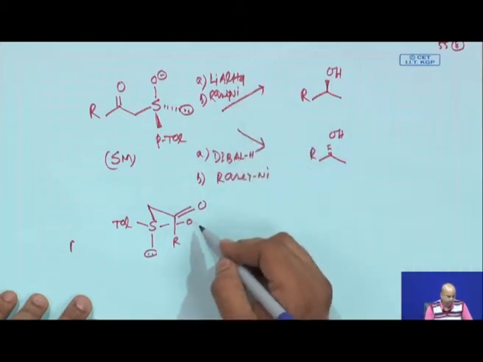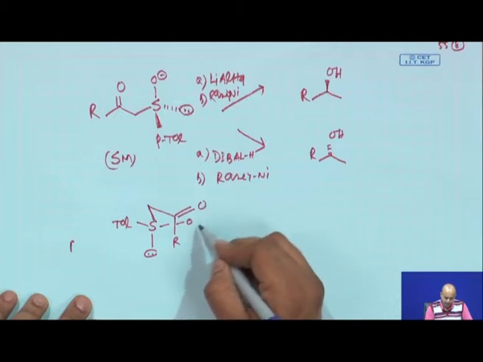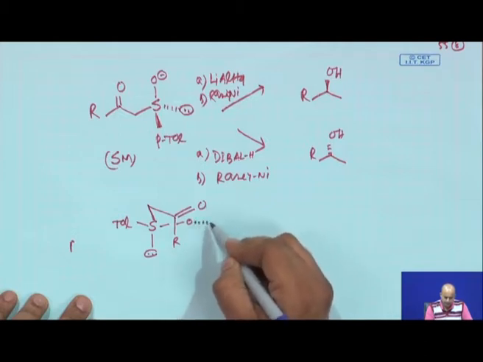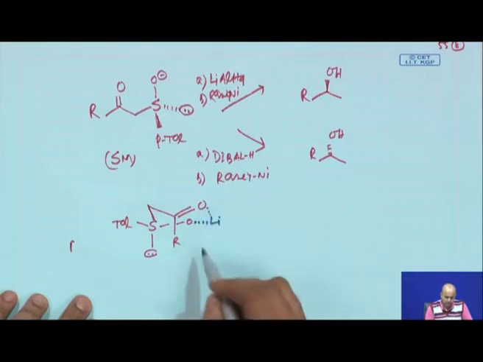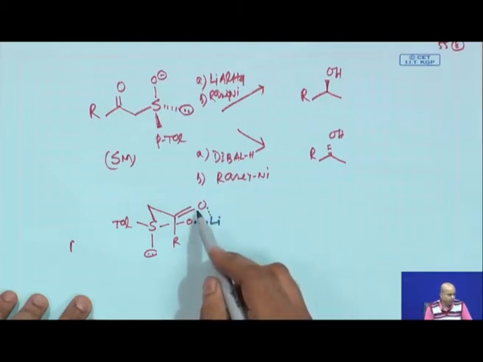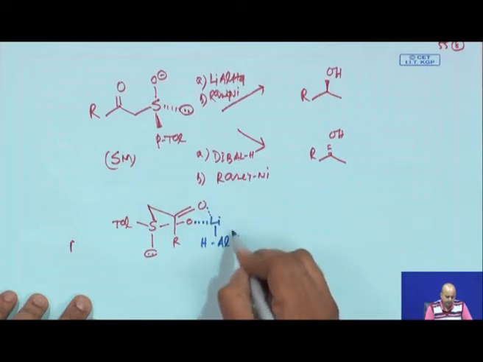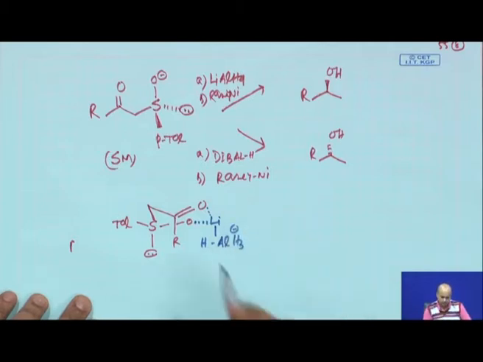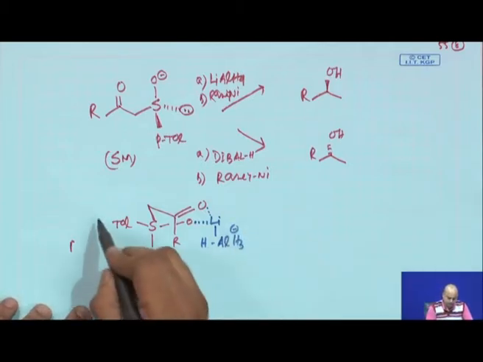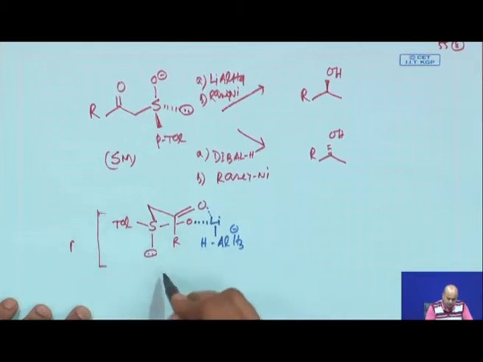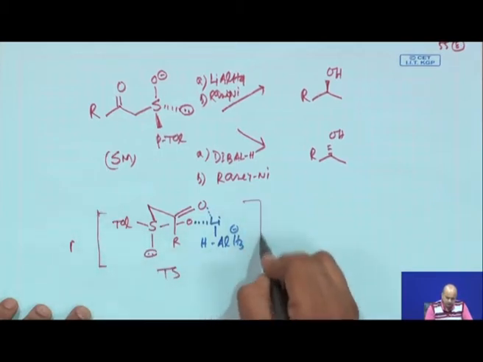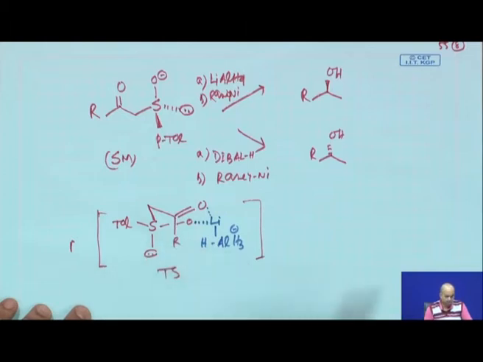Lithium is small, so we assume that lithium coordinates with the sulfoxide oxygen as well as the carbonyl, and your aluminum hydride is here. So, this is the transition state for the sulfoxide and lithium aluminum hydride this way.